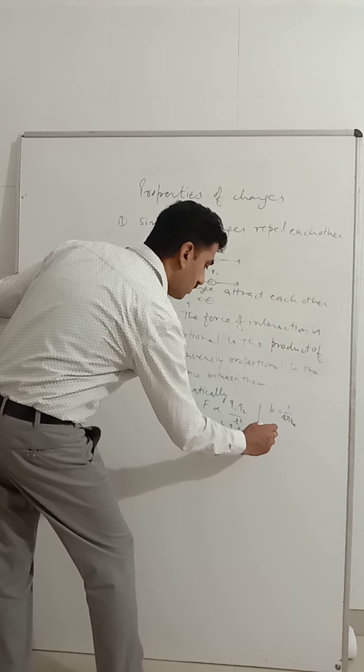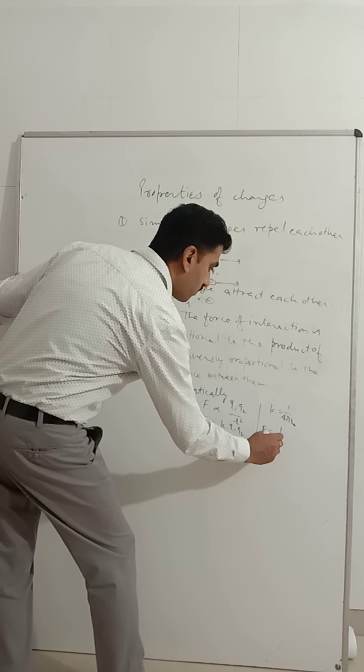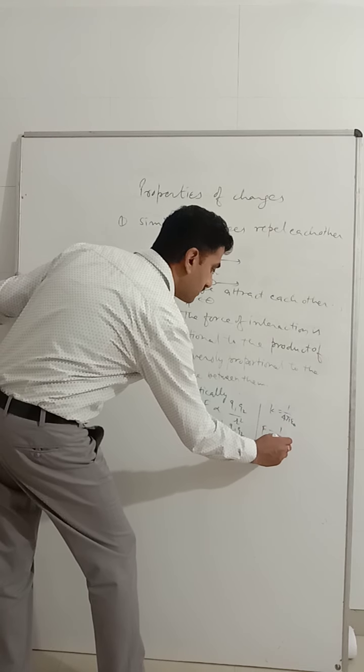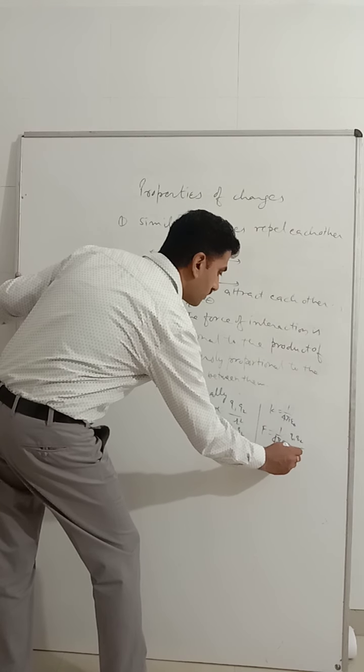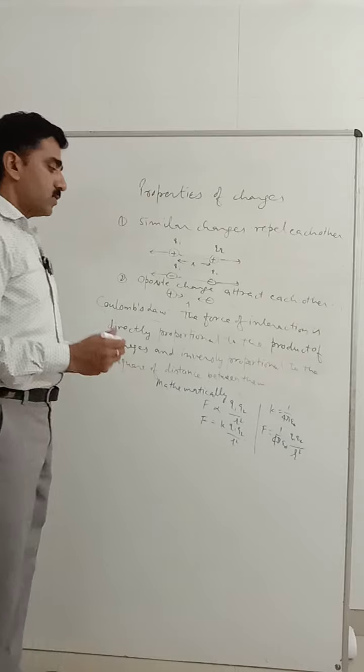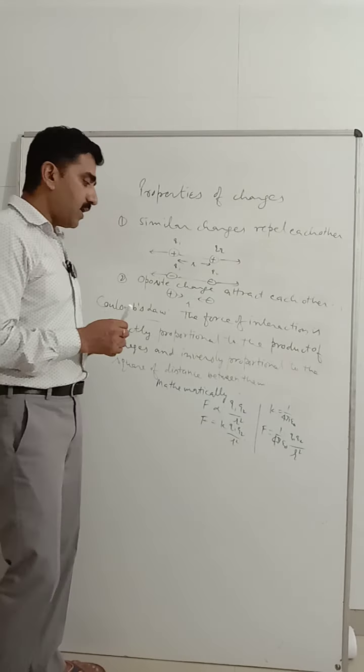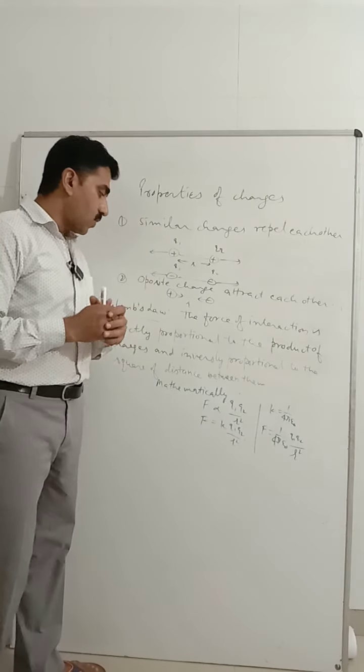So F is equal to 1 upon 4 pi epsilon naught Q1 into Q2 upon R square. You can write this formula, and this is called Coulomb's law.